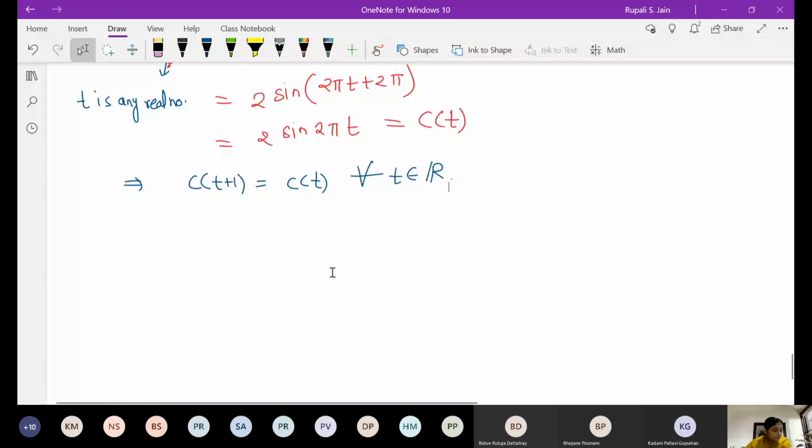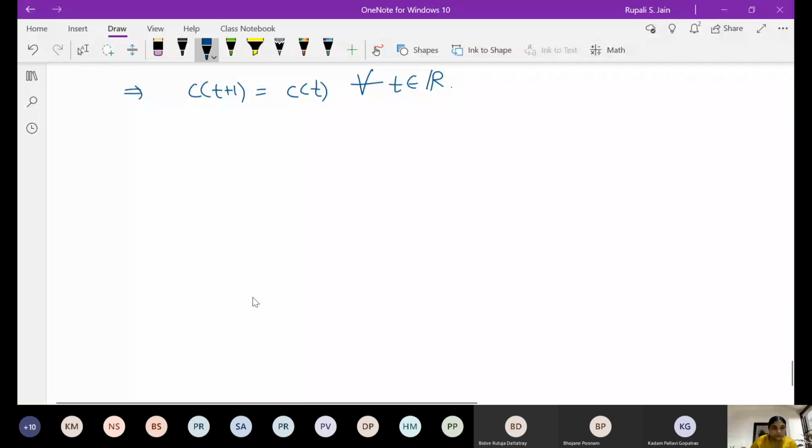Yes. So now we will define, or we can say a corollary. From this I can write: Corollary.